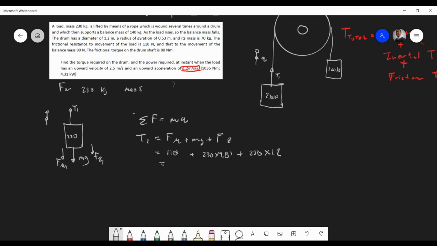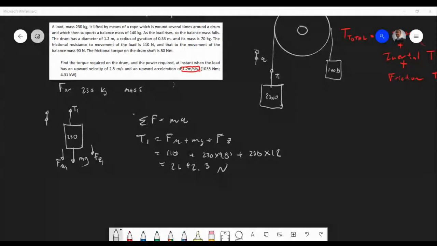Can we just quickly compute that? I hope that should give us the right answer. 2642.3 newtons. Are we all happy with this one? Basic, right?